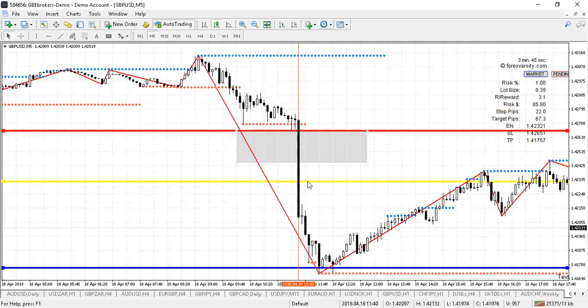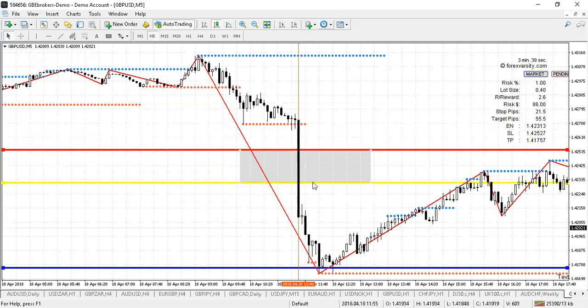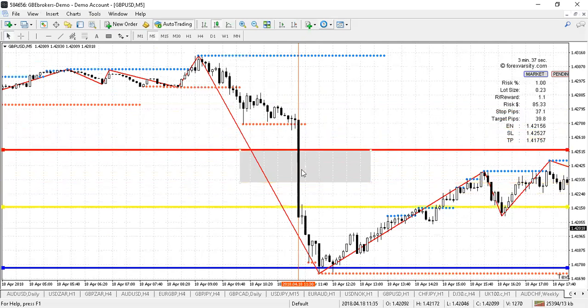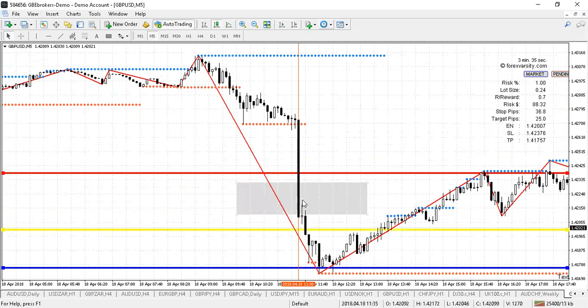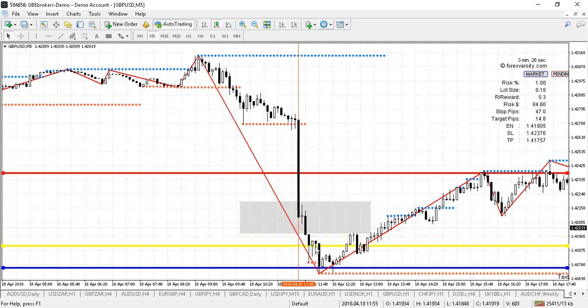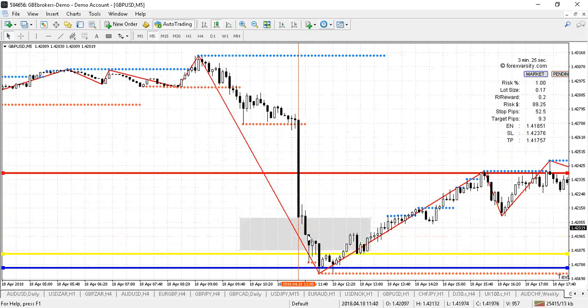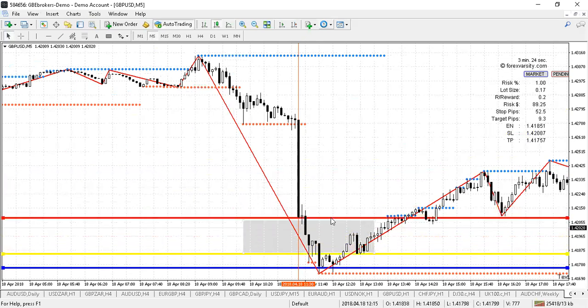As it moves down a bit more, the stop loss follows. Moves down more, stop loss follows. It would have gone down more, and the stop loss is following behind, it's trailing behind.